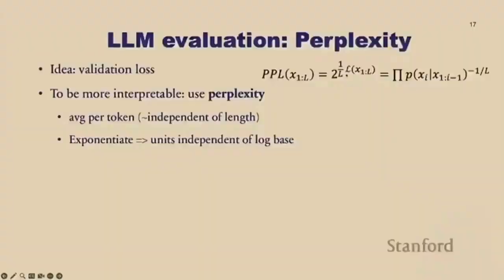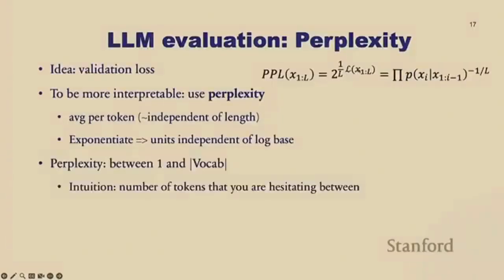When you exponentiate, you have everything in units of vocabulary size. The average per token is so that your perplexity is independent of the length of your sequence. So perplexity is just 2 to the power of the average loss of the sequence.